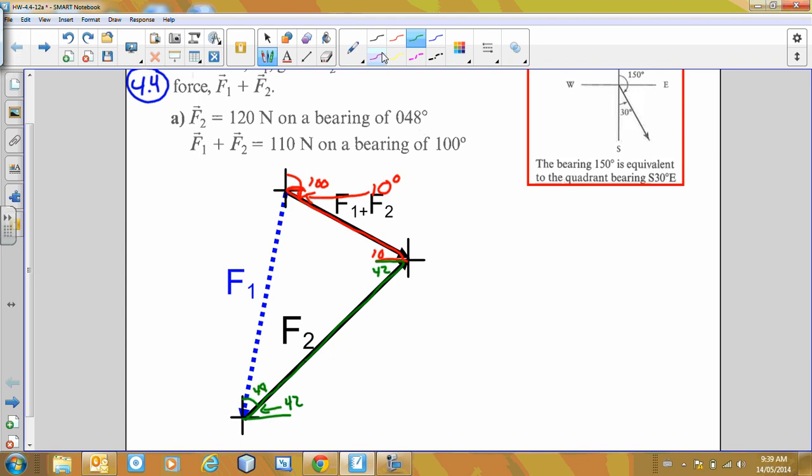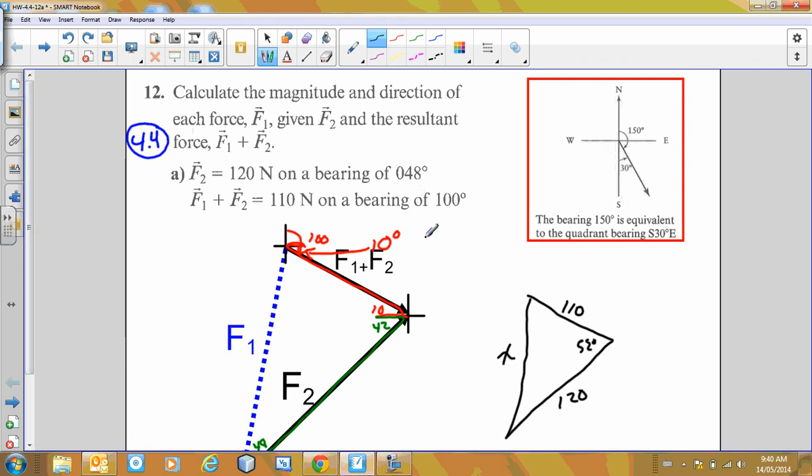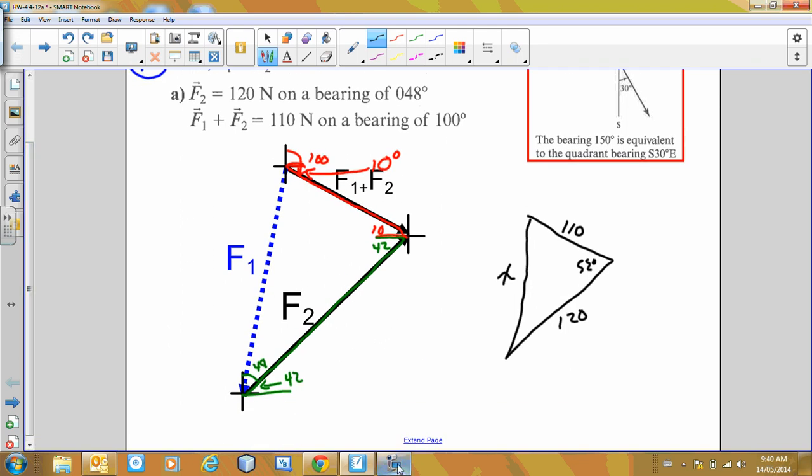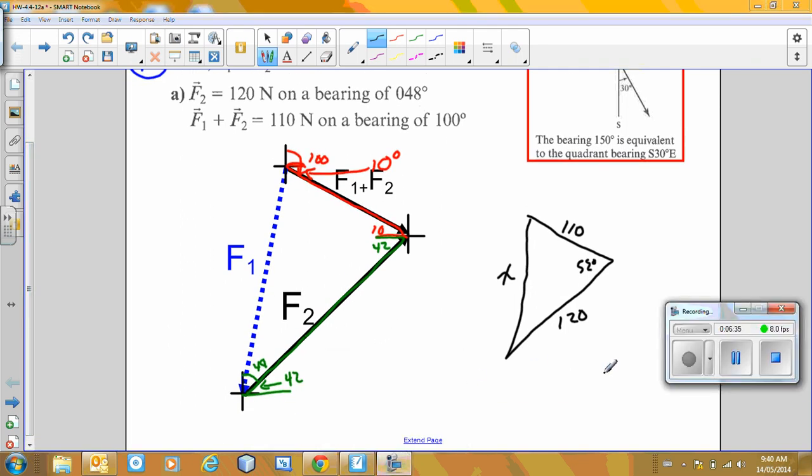And now essentially I have this triangle with 110, 52 degrees, and 120 down here, and I need to solve for the missing length here as one of the two parts of my question. The question actually asks me for the magnitude, so the size of this, as well as the bearing. I'm going to pause the video and do those calculations. I don't think that's something you should have to watch, and then I'll come back.